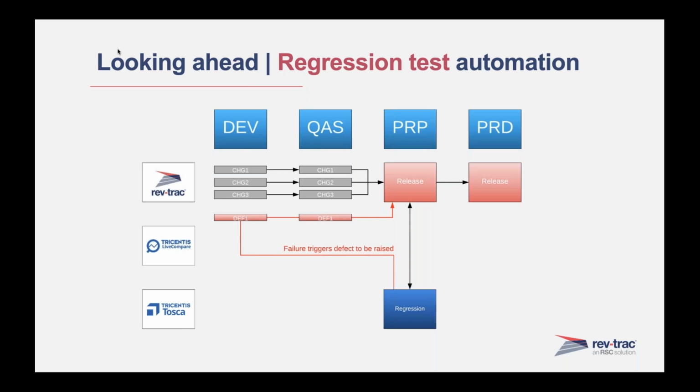So if you've got a change that impacts BW, ERP, and let's say something like APO and even Portal, you can have all the transports from all of those four systems on one Rev-Trac request. Rev-Trac knows where it's sending the transports, and that way you're approving changes and you're performing your tests on all of the transports as a functional unit of work, rather than having to deal with multiple transports.